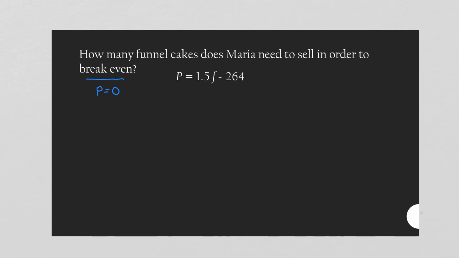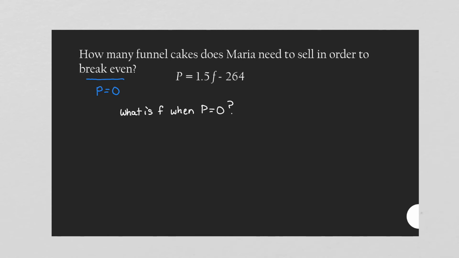Let me restate that as a question: what is F when the profit equals 0? Or in other words, what value of F will yield a profit of 0? That's when Maria will break even, when she doesn't make any profit and doesn't have any loss.